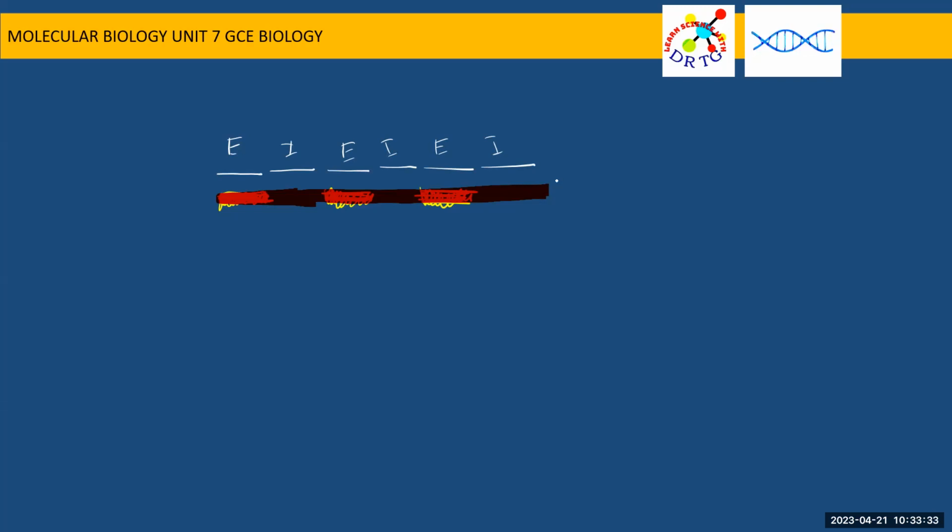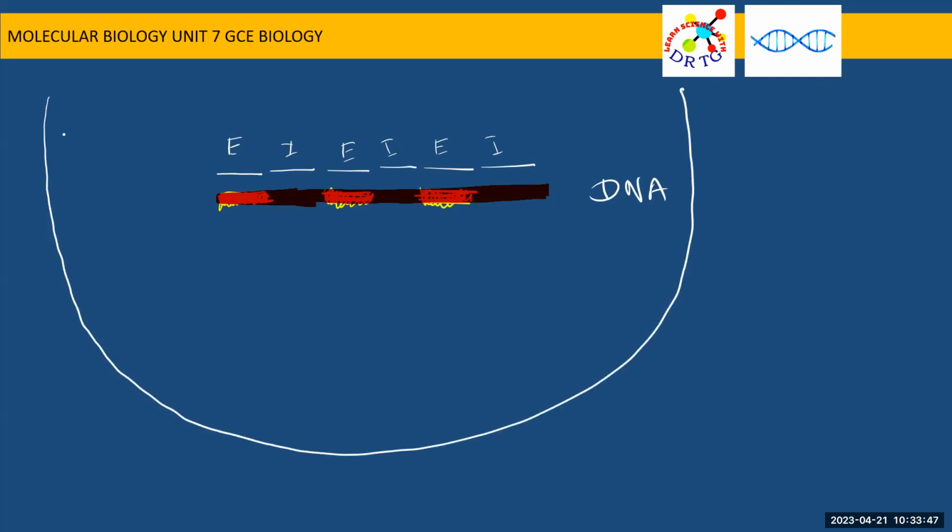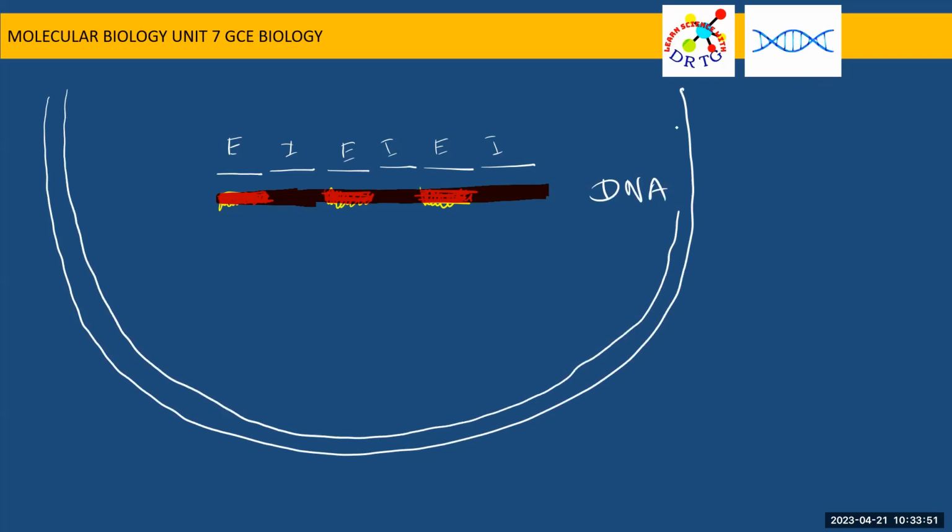Now this is the DNA molecule. During protein synthesis, DNA is inside the nucleus, within the nuclear membrane. The first step is that the whole sequence, exons and introns, is copied into an RNA molecule.